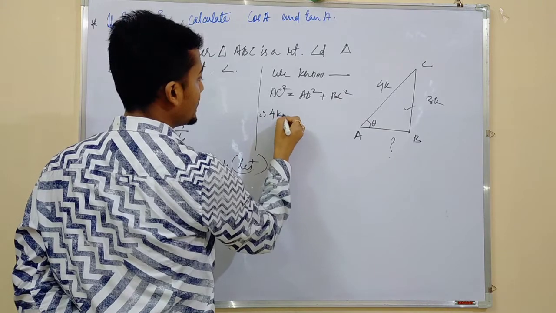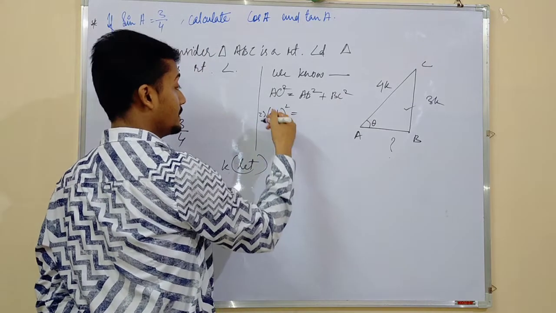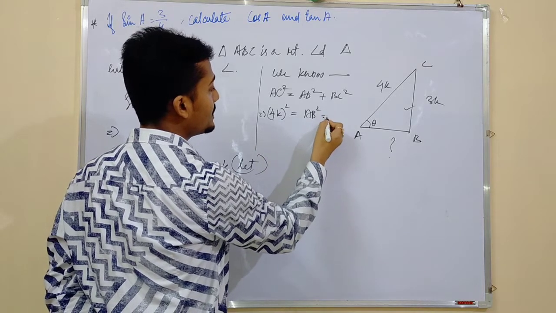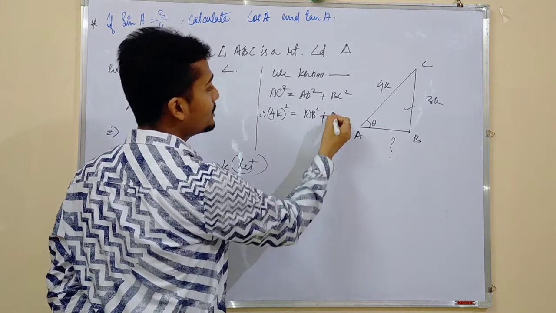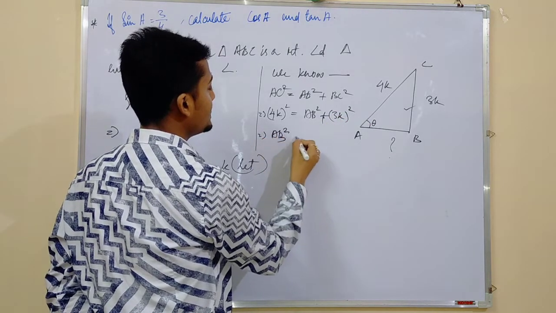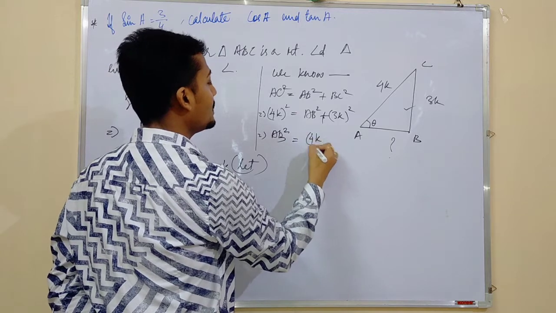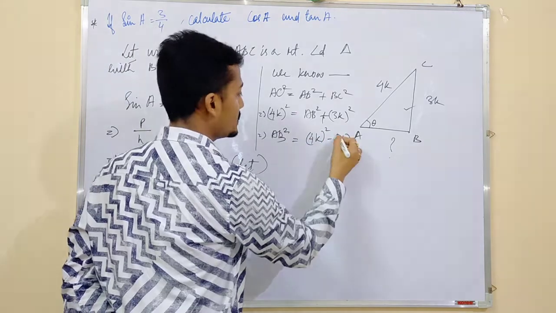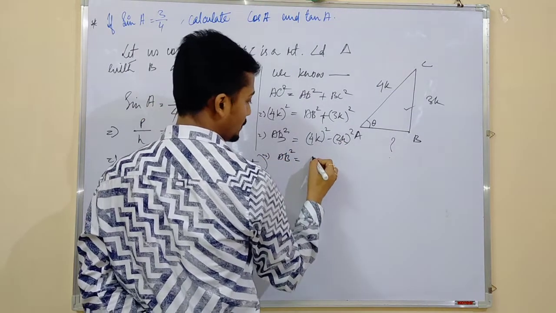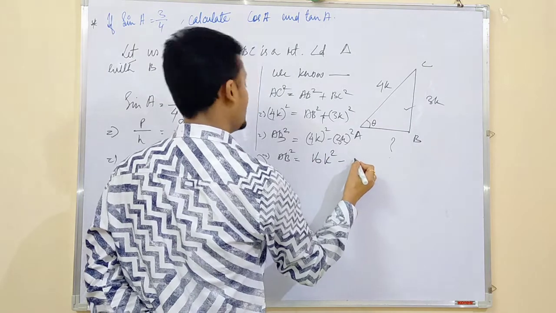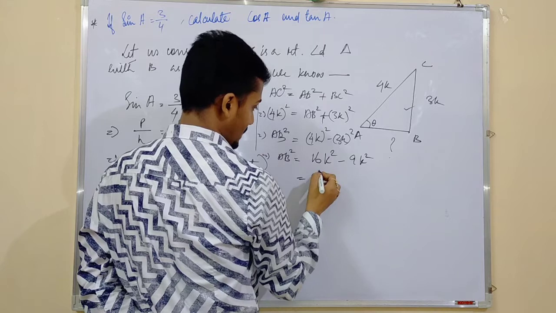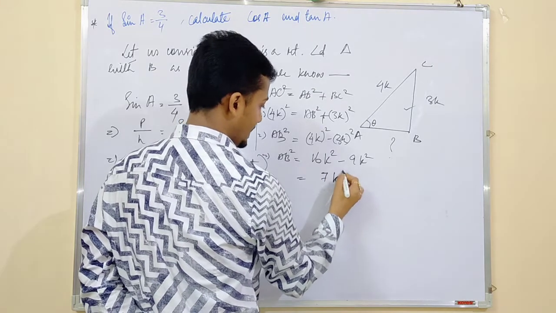AC is 4K, so 4K whole square is equal to AB square plus 3K whole square, or AB square is equal to 4K whole square minus 3K whole square. 4 4s are 16K square minus 3 3s are 9K square is equal to 7K square.